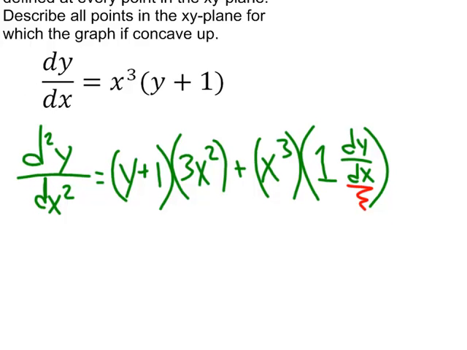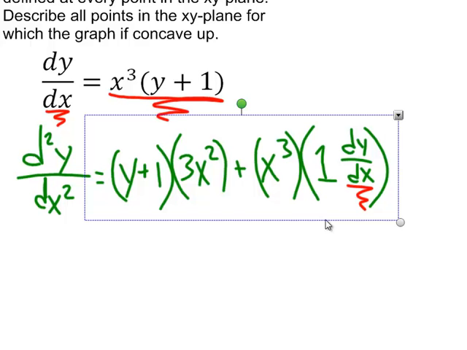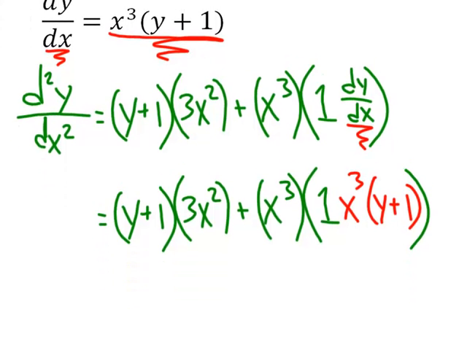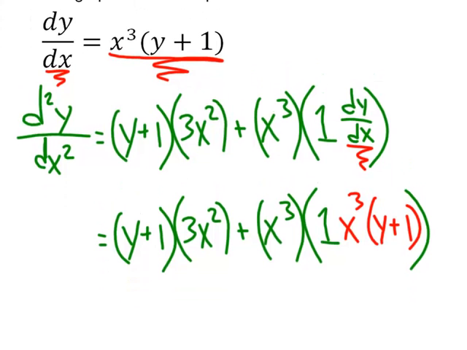What are we going to do with this, dy over dx? Well, we've got an equation over here, and we're going to substitute in this for that dy over dx. So x cubed times y plus 1. Okay, notice that there is a common factor here. There are two terms here, and both have an x squared. Over here we actually have x to the 6, but the common factor would be x squared.